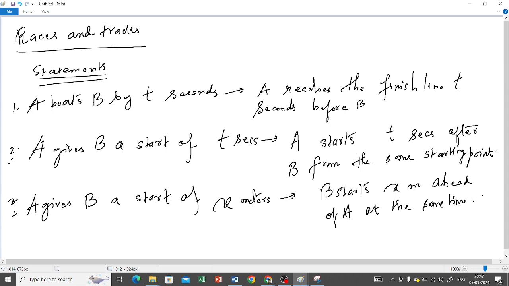Can you understand this statement? Please tell me. Any doubt till here? No, sir.